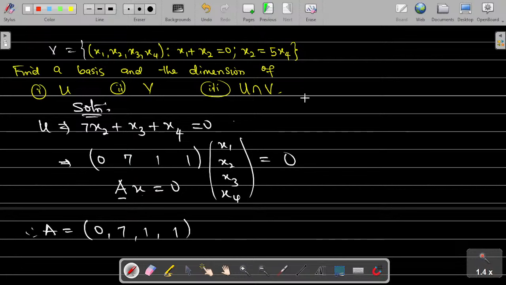Then it says we should find, what about x? They even asked us to find x. I thought it was only A. Our x is just this one: x1, x2, x3, x4.